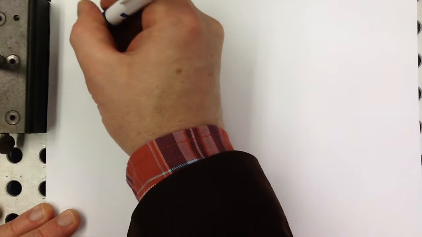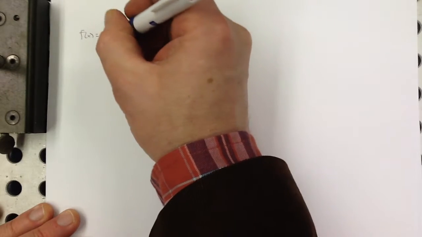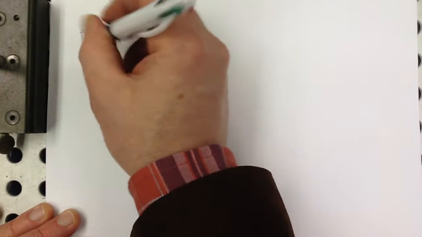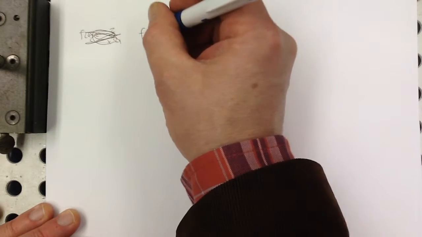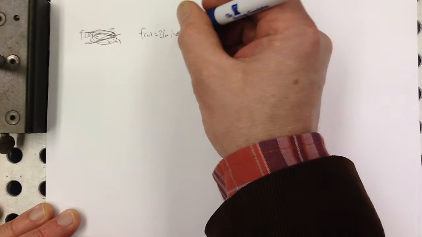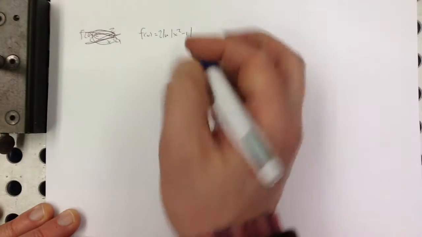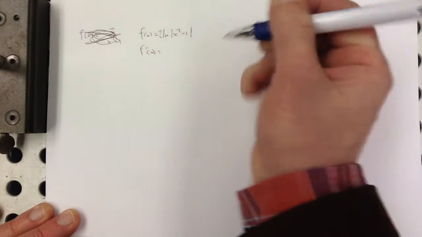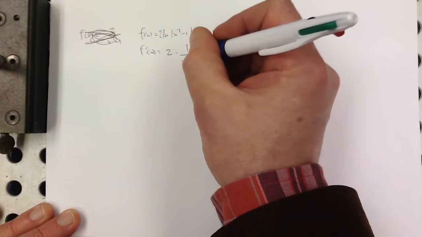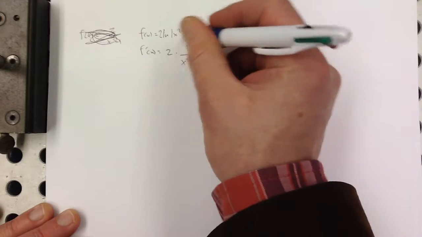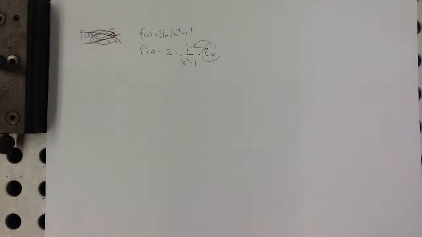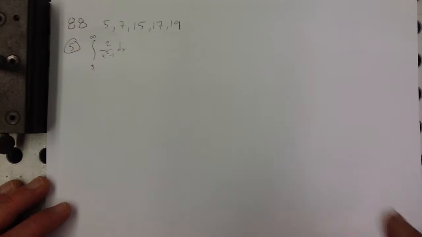If f of x is equal to 2 times the natural log of x squared minus 1, and I took the derivative of that, that would give me 2 times 1 over whatever, times the derivative of what's inside. So that approach doesn't work.